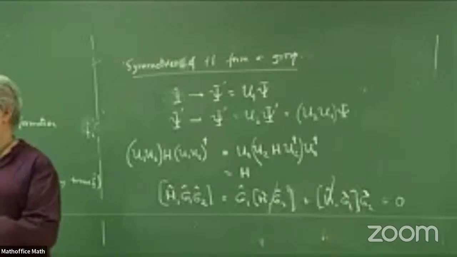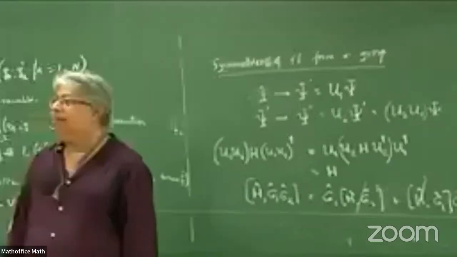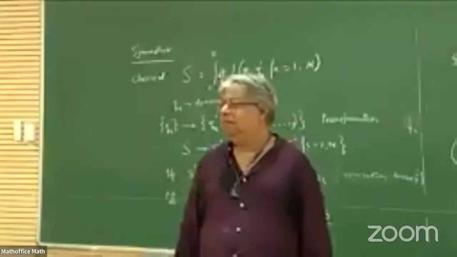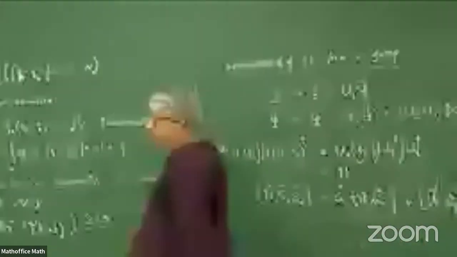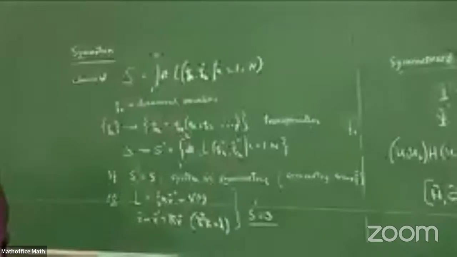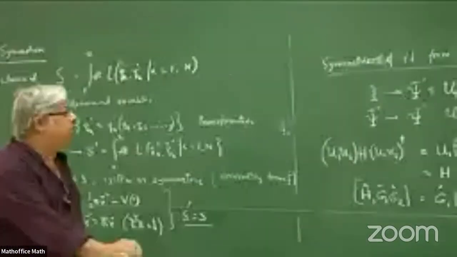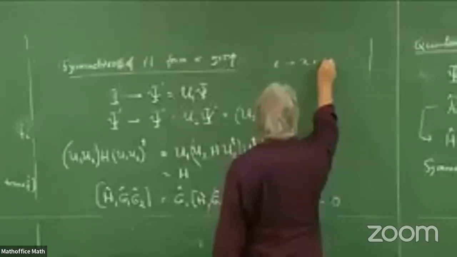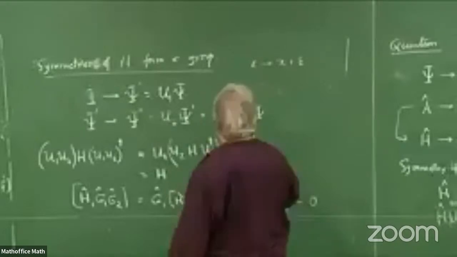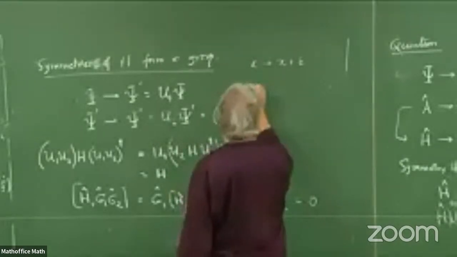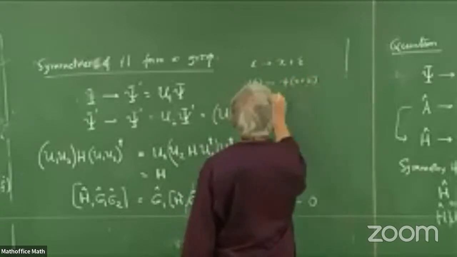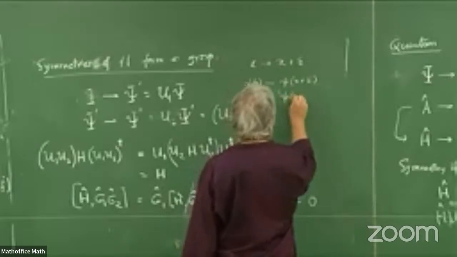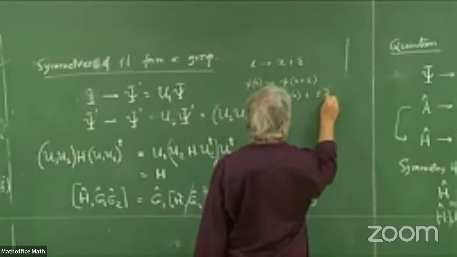To that question, how do we know that symmetries correspond to conserved quantities? You have translation invariance. Let us say x goes to x plus epsilon. So what is happening to the psi? Psi of x will become psi of x plus epsilon, which is psi of x plus epsilon del x of psi.